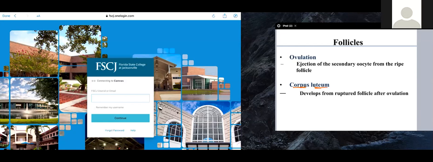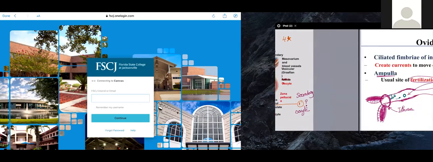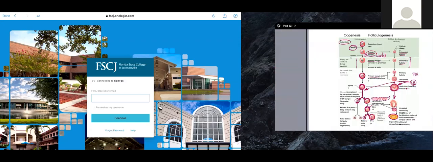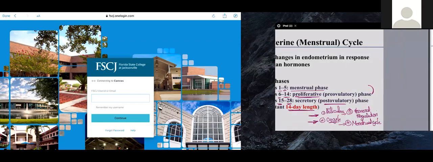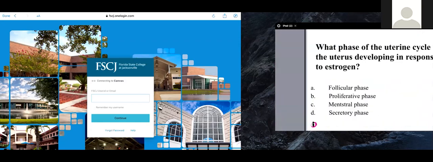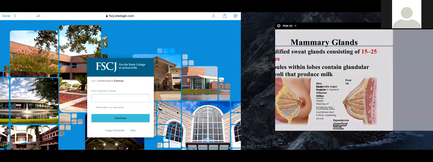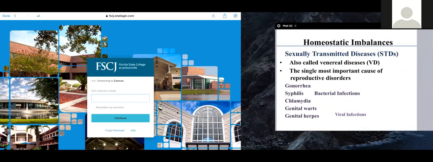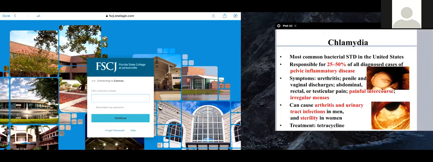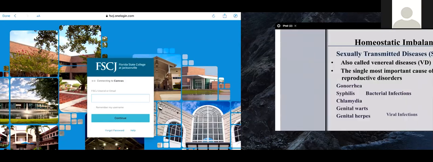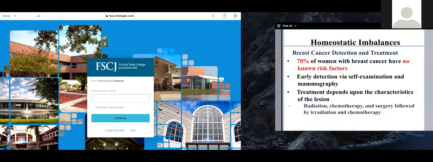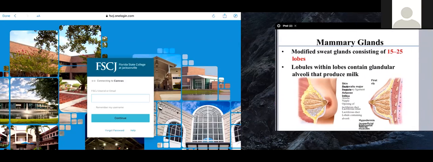All right, so for now we can have a break for 10. We're gonna come back. We will not be going further to complete the homeostatic imbalances of the reproductive system. This is something that you can read on your own. It's self-explanatory.